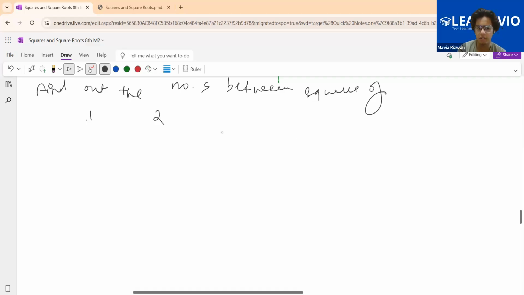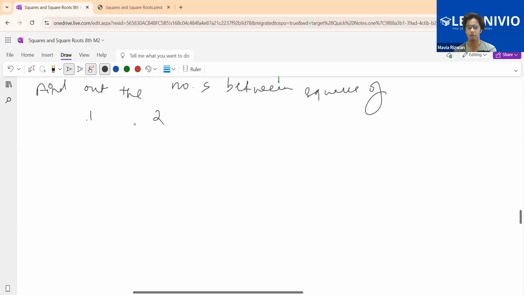Can you both find it? How many numbers are there between the square of 1 and the square of 2? By whatever way you understand, we have to find it the normal way, by counting. Just try it and let me know. How many numbers are between 1 square and 2 square?